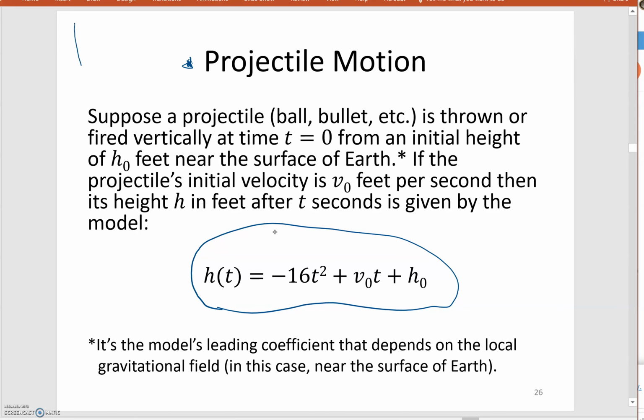And basically what it's telling you is that if you have time on this axis and height on this axis, at time 0 you'll be at your initial height, and then you'll either do this, so you'll be at these heights as time elapses, or you'll do that, or any kind of arrangement of this sort, which is a portion of a quadratic, and then at some point you'll hit the ground. Well, not you, but whatever it is you threw. And that's going to be the end of your domain.